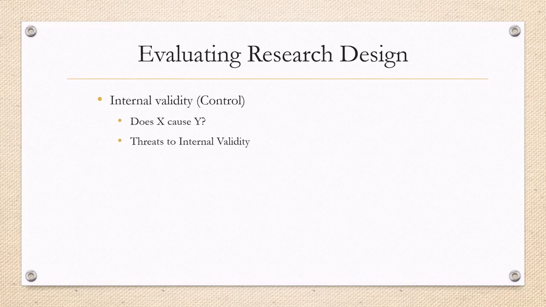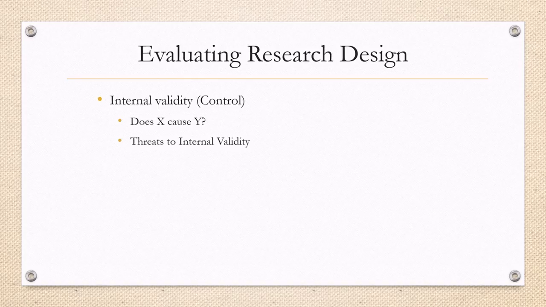We also have differences, perhaps, in mortality. This is the degree to which people drop out of a study. And if we have an experimental design where it's a longitudinal study, we may randomly assign people to condition.